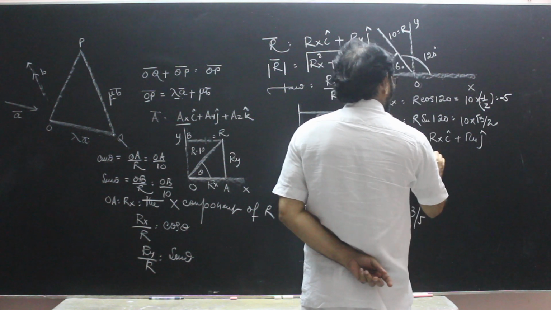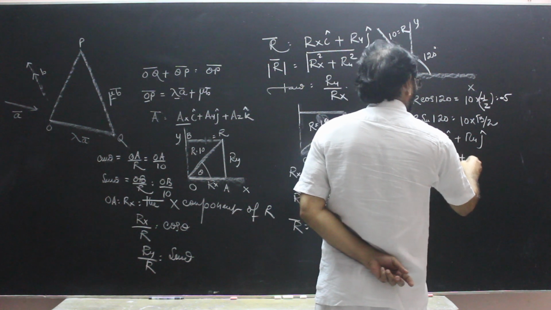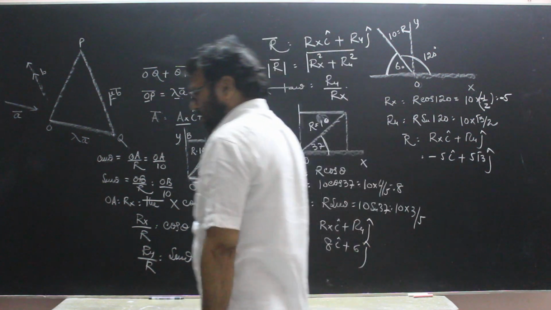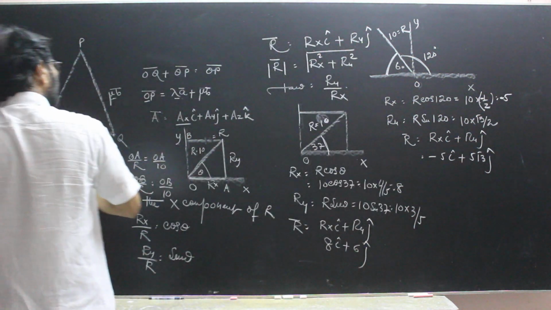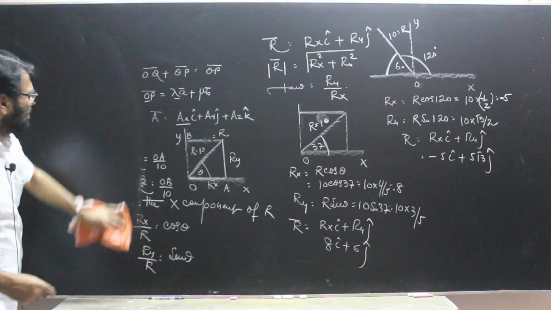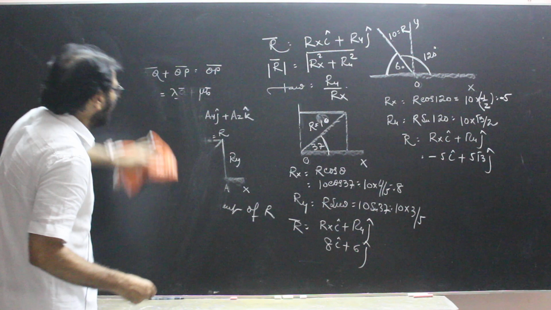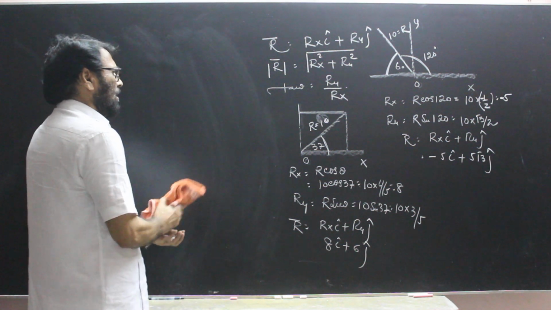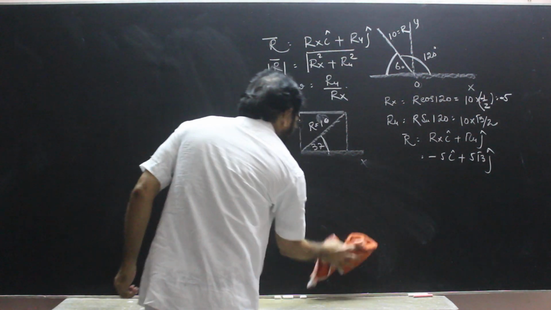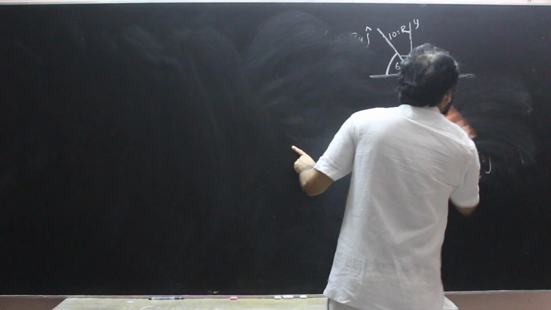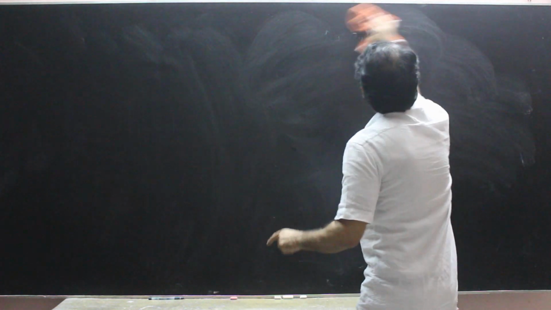This is minus 5i plus 5 root 3j. So now we can resolve any vector making any angle with x-axis. For example, if the angle lies in the third quadrant, or of course in the fourth quadrant, we can resolve the vector of course into x and y direction.